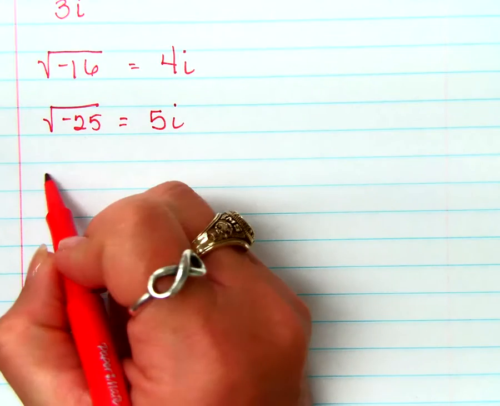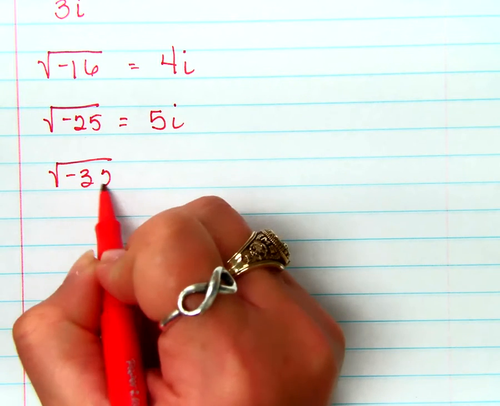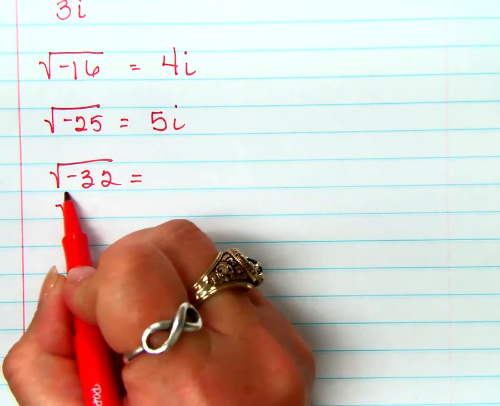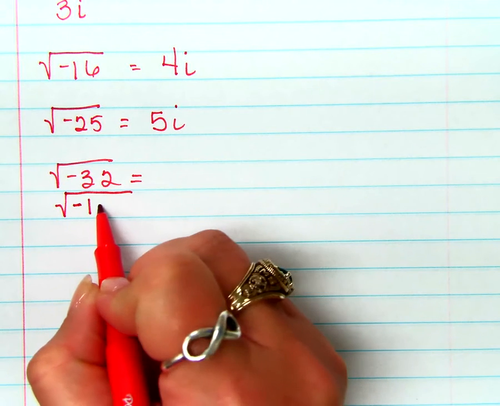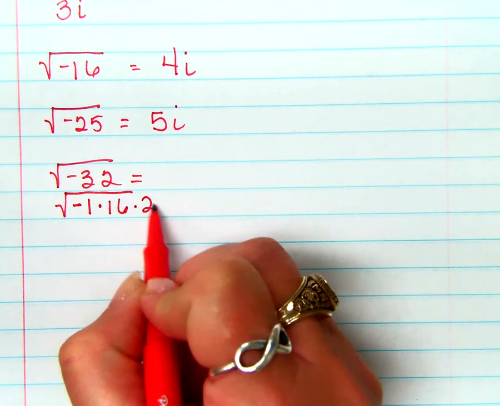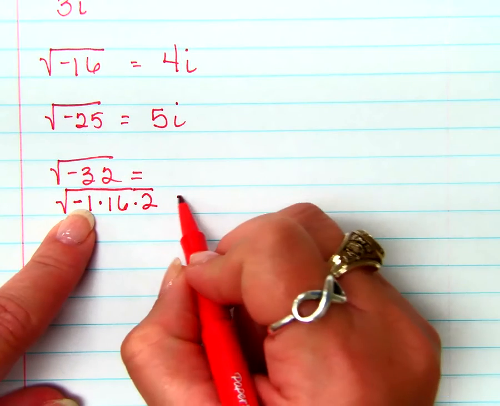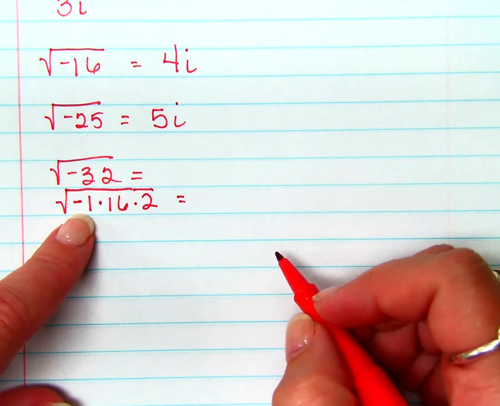So what about the square root of negative 32? I don't know the square root of negative 32. But I do know that negative 32 is the same as negative 1 times 16 times 2. Don't you know that? What's the square root of negative 1? i.